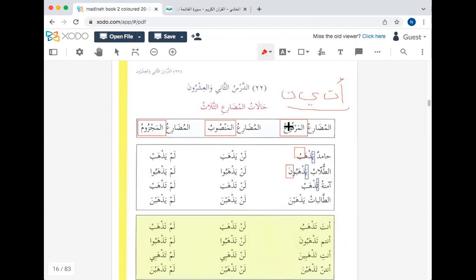But also, what is important to know is that sometimes with the fi'l, you can't see the alamat al-rafa', the sign of being marfu', or the sign of being mansoob, or the sign of being majzoom. You can't see it. Why? Because it is, what is it? What's the word I'm looking for?